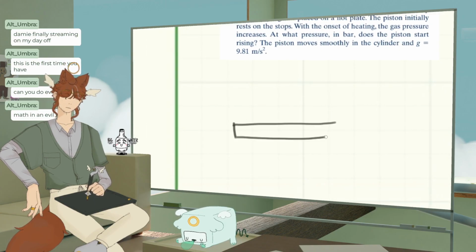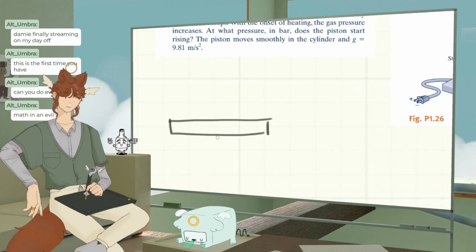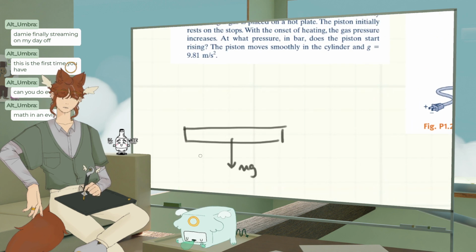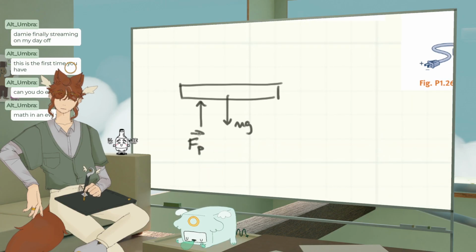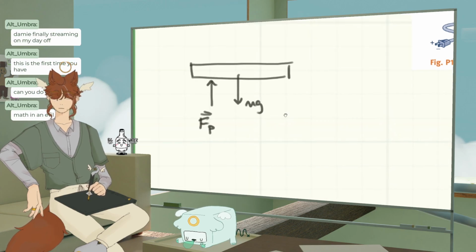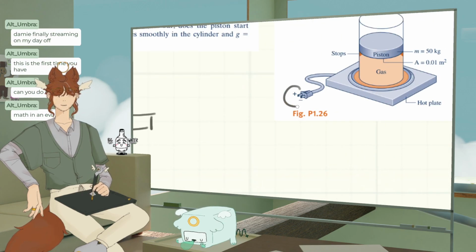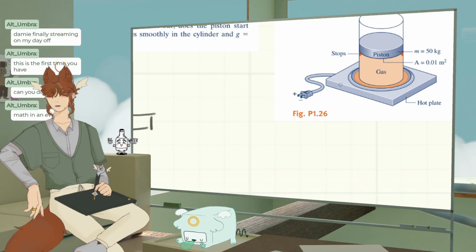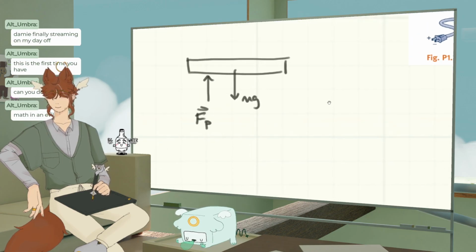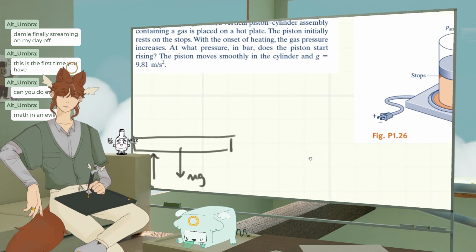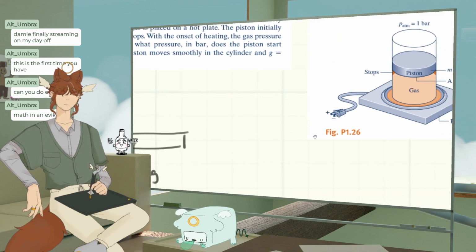So we're gonna have our little thing here. It's gonna have some sort of mg, and it's gonna have some sort of force from the pressure from the gas expanding, heating up. I like how they labeled this. Why did they label it positive and negative? Just so you know. Oh, PATM is 1 bar, that's nice. You know, I guess it'll be gauge pressure, or... Did I say gauge pressure?